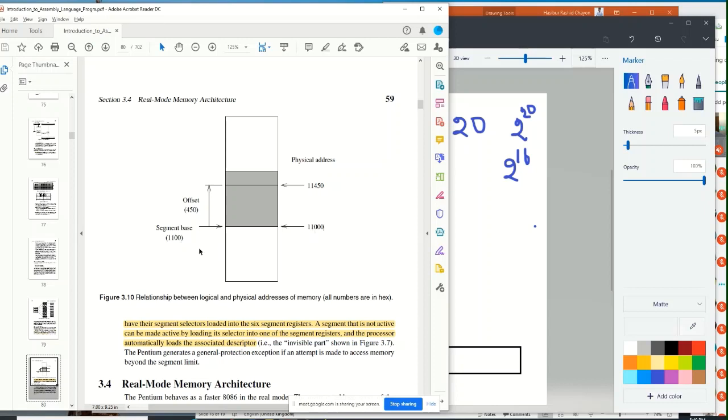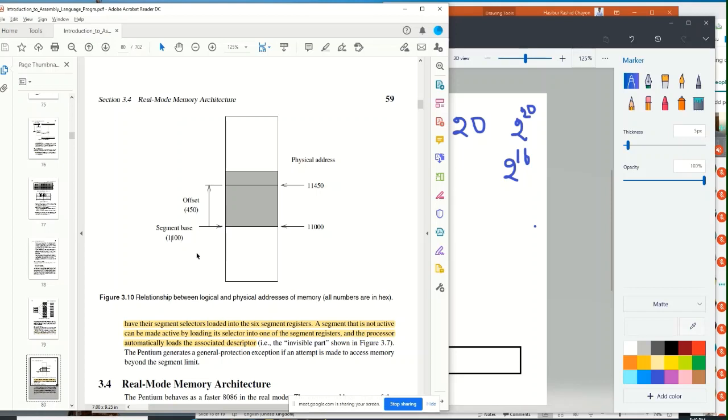I told you that whatever numbers you are seeing here are all hexadecimal numbers, right? 1100 doesn't mean that they are binary numbers. They are hexadecimal numbers. So if you convert this hexadecimal number into binary, how many bits do you have? 16 bits, right?